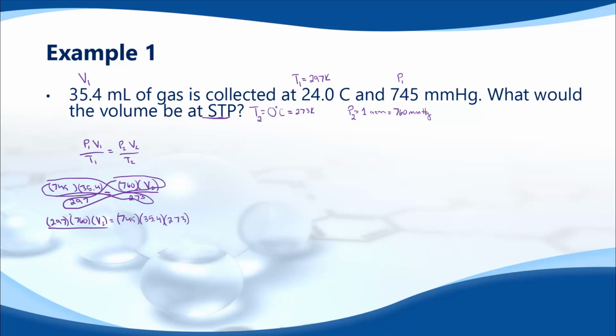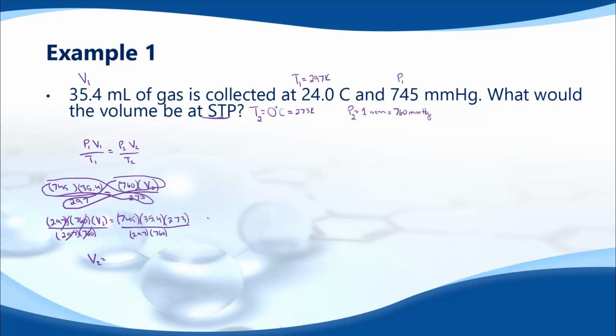Right, so now I'm going to divide. So we did our cross multiply, now we're going to divide this. So 297, 760 on both sides. And we're going to wind up with V2 after we plug this in and we do all of our division.